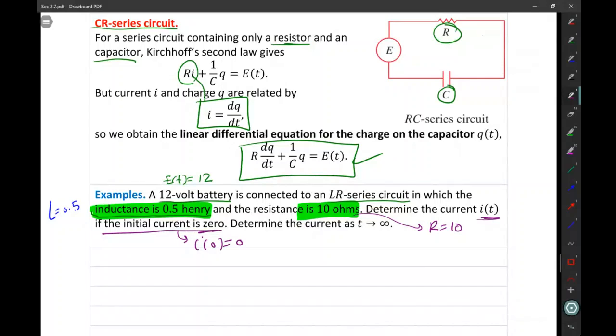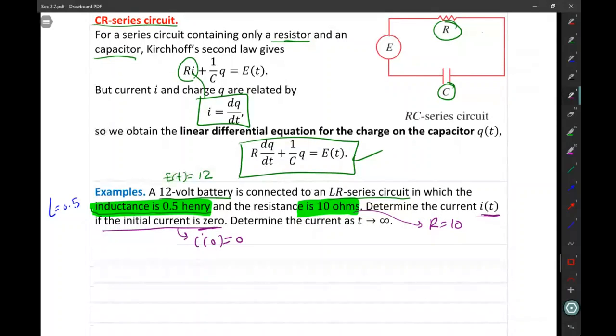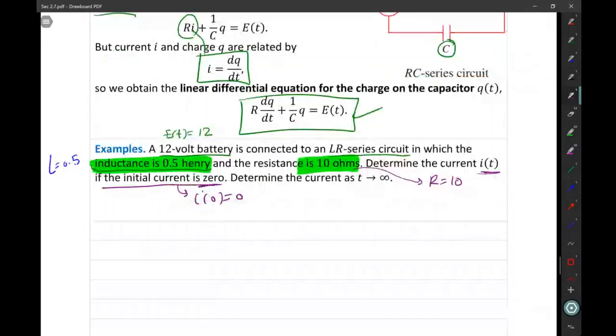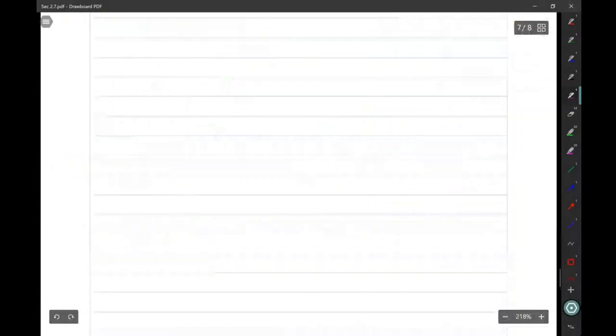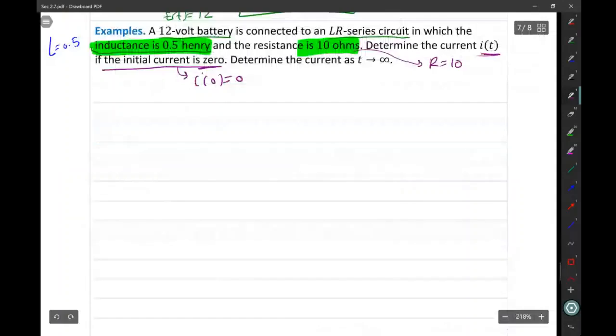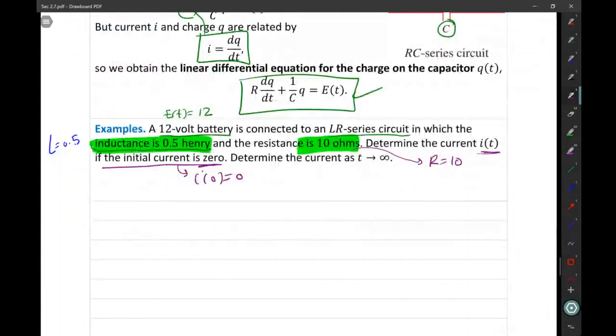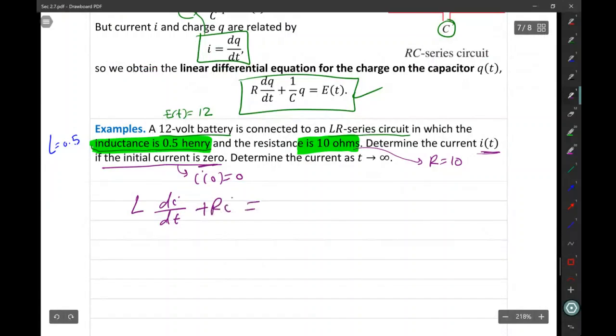Determine the current as t goes to infinity. Right. This one here is an LR circuit. What's the equation of the LR circuit? It is L times di by dt plus Ri is equal to E of t.